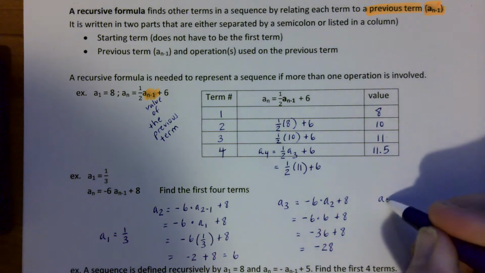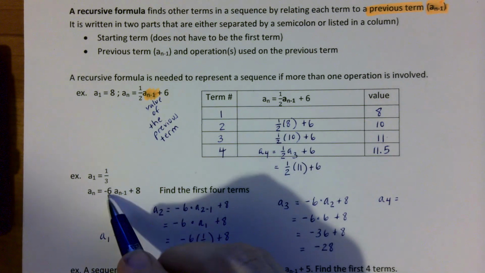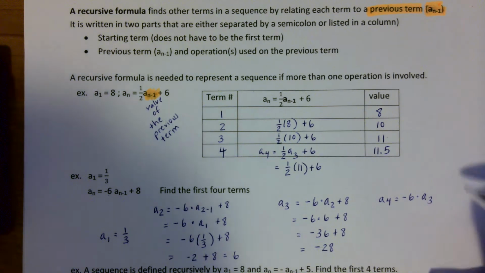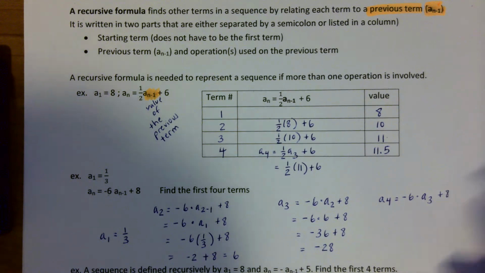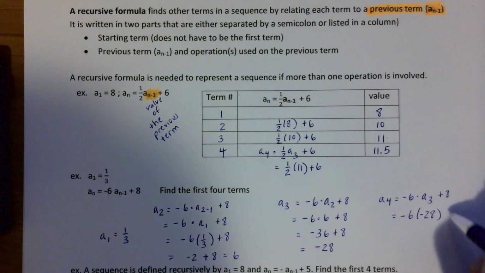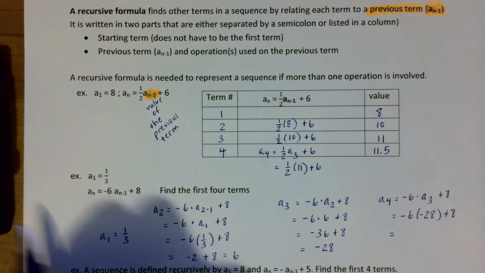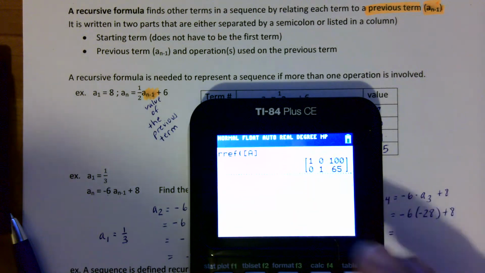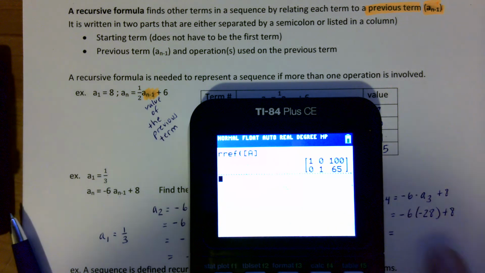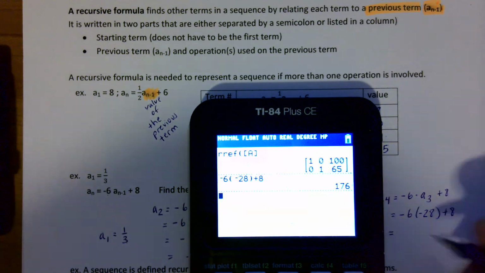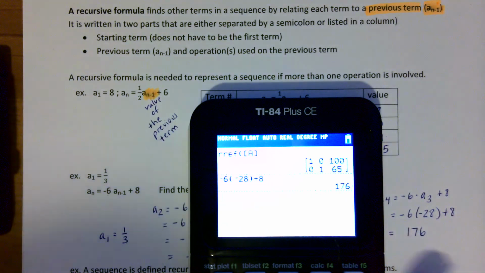To find our fourth term, it's -6 times the previous term, which means -6 times what our third term was, plus 8. So we have -6 times -28 plus 8. Using your calculator, we can type in -6 times -28 plus 8, and our final term is 176.